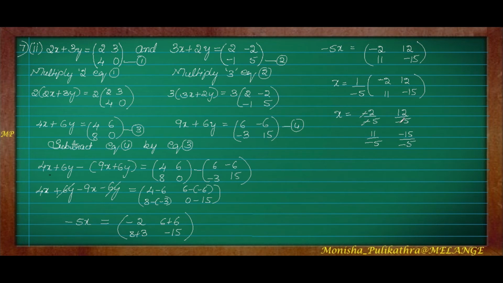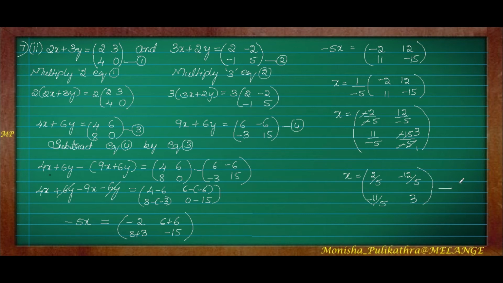Here minus gets cancelled, here minus gets cancelled, and 5 threes are 15. So the value of x will become 2 by 5, minus 12 by 5, minus 11 by 5 and 3. So this is the value of the first matrix, that is the x matrix.